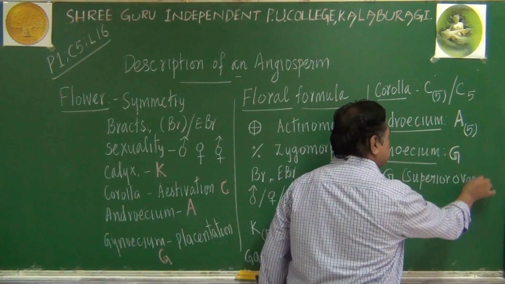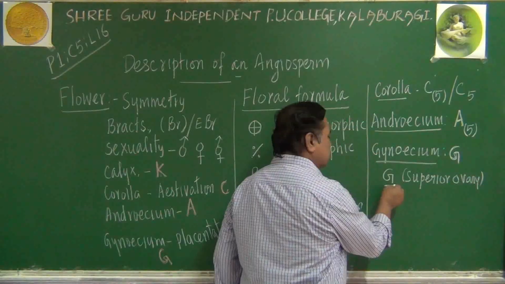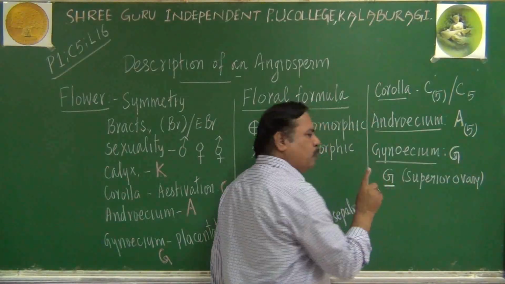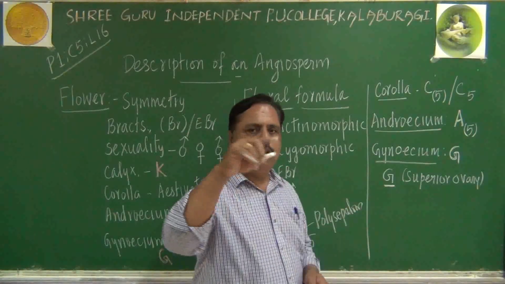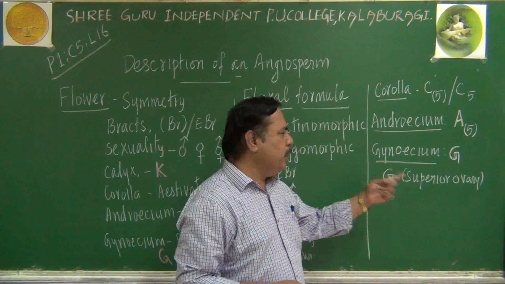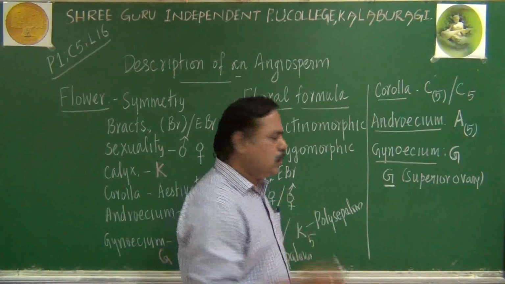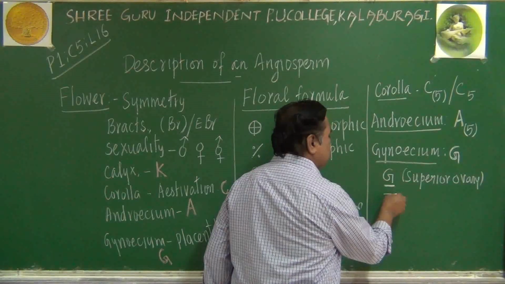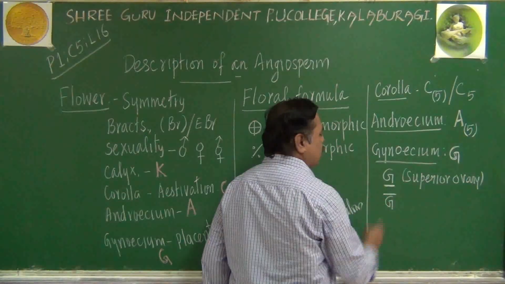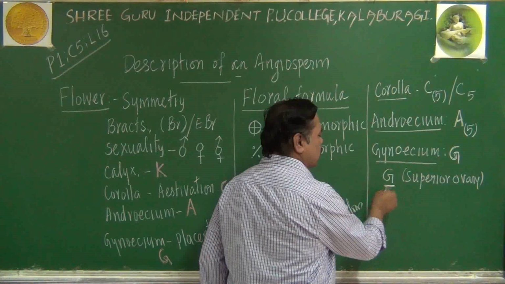What is the meaning of this superior ovary? This line represents other floral parts. Above other floral parts, if the ovary is present, it is called a superior ovary. Suppose I write one G here and draw one line above it, not below, above that.